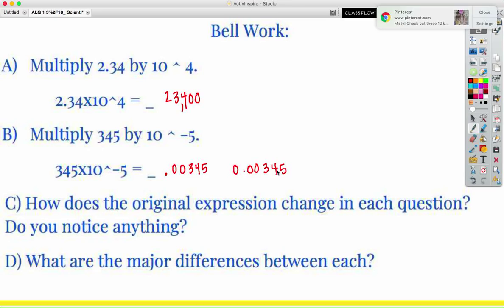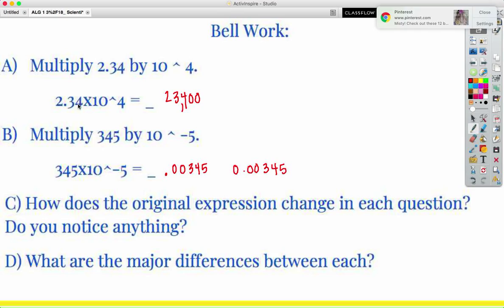So question C says, how does the original expression change in each question, and do you notice anything? So if we compare the original problem to our result, we see that the numbers out front are like the same number, but the decimal changed. So we're looking to see if there was something about the original problem that had something to do with how many times the decimal changed.